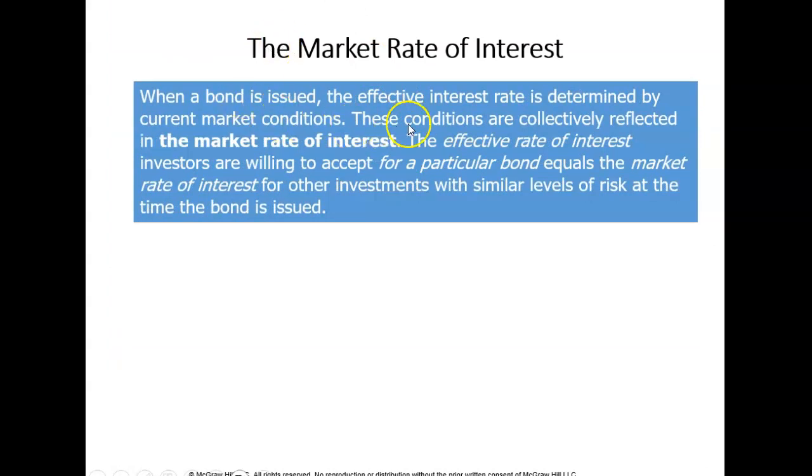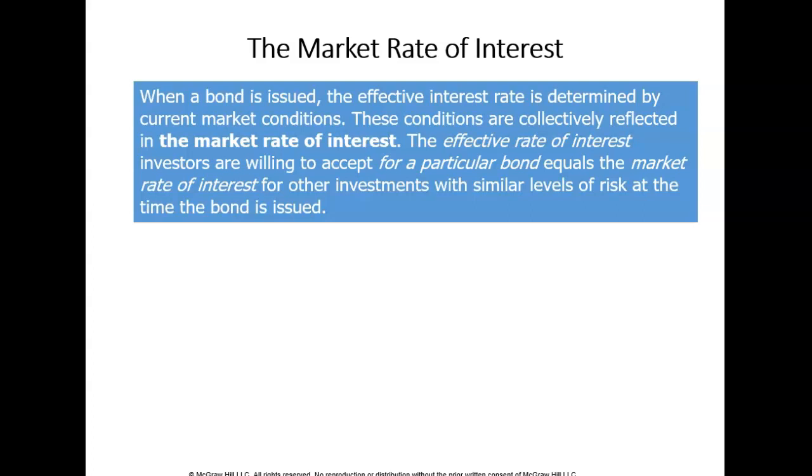So again, the market rate of interest refers to the current interest rate you can receive on bonds that have a similar level of risk. So the effective interest rate when a bond is issued is going to be equal to that current market rate. And again, the rates are different because you cannot change the rate on the bond certificate.